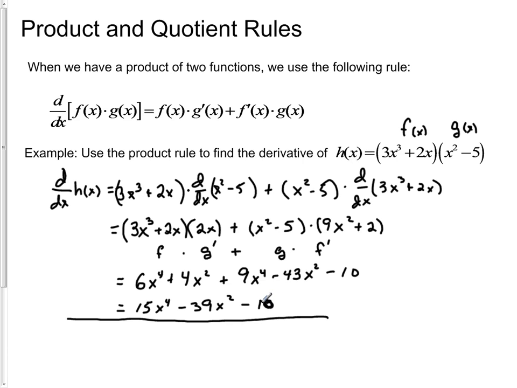Well, let's, for comparison's sake, ask what would happen if we had started out just by multiplying the factors of h of x together right here. If we multiply these two together in our original function, we'll find 3x cubed times x squared becomes 3x to the fifth. We're going to take 3x cubed times negative 5, that's minus 15x cubed.